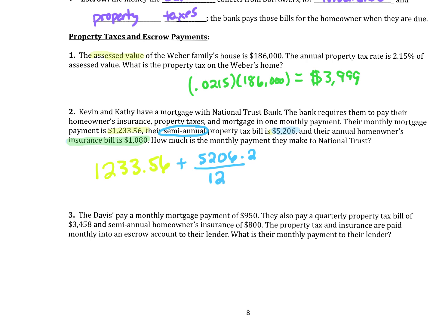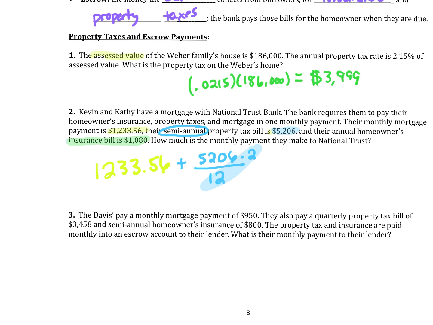Other people prefer to think, hold on a second, I want to color code this. Other people think about this and realize that 2 divided by 12 can simplify to just over 6. So when they see semi-annual, then they know they're dividing by 6.